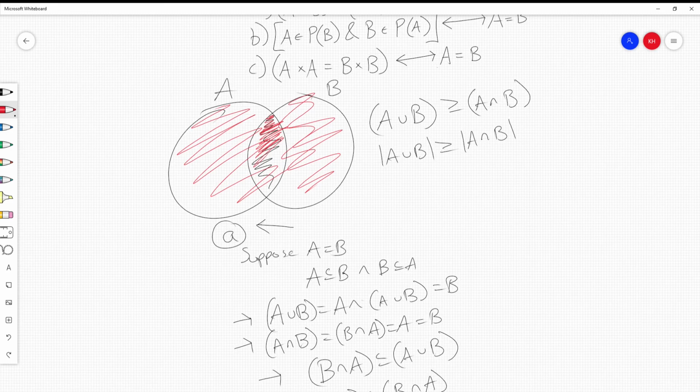Our equality, or our subset, is only happening in here. Because generally what's happening is that A intersection B is a subset of A union B. That's why this is so weird.